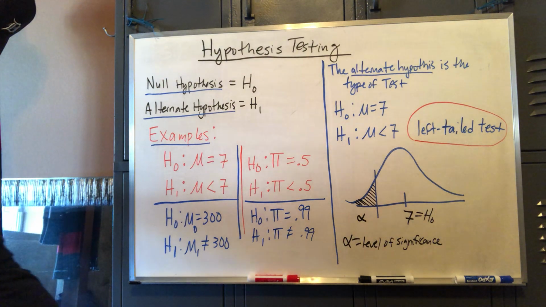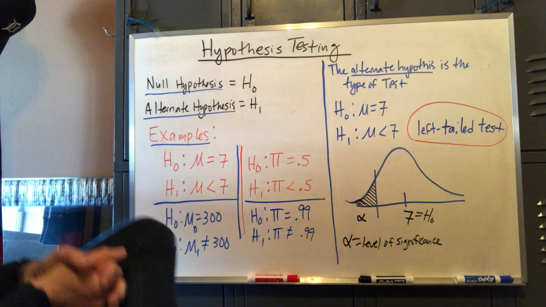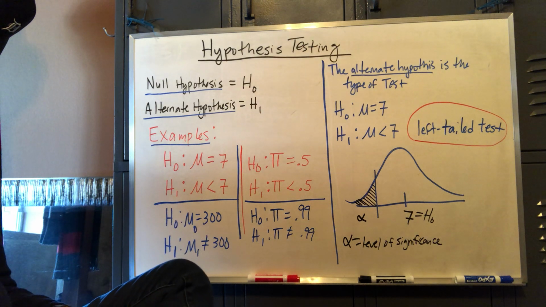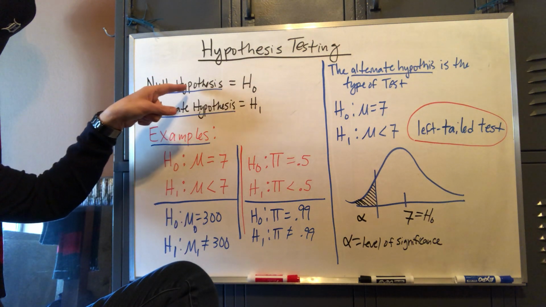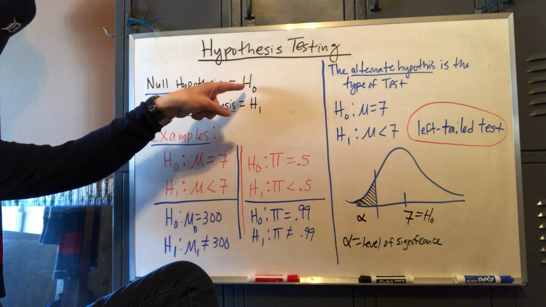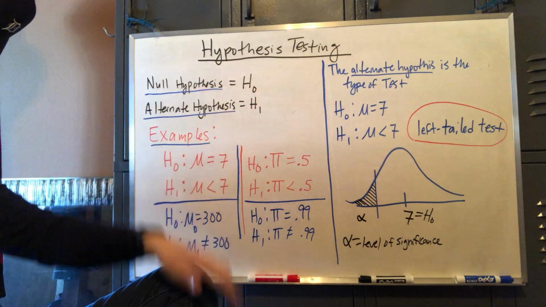So when we set up a hypothesis test, we have to state our hypotheses, and we'll do that with parameters. Parameters are mu and pi. Those are the two that we will use. First is our null hypothesis, and we denote that as H with a little subscript 0.